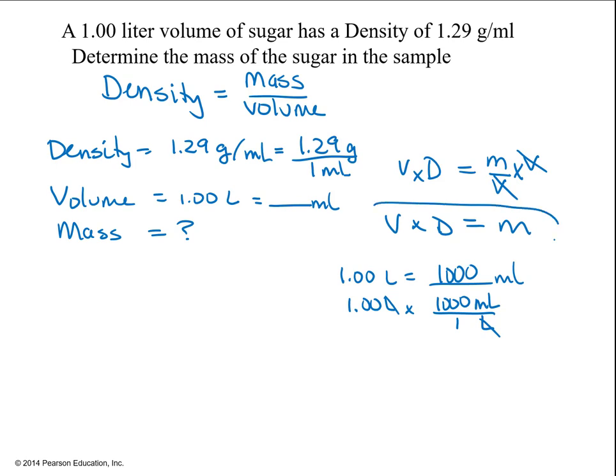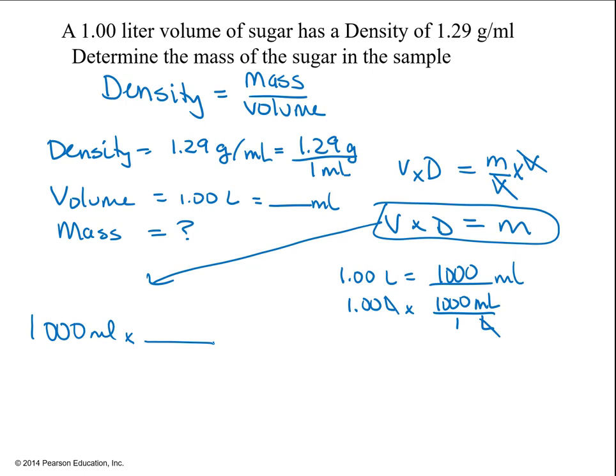So now I'm going to use this formula. So volume, 1,000 milliliters times density, which is 1.29 grams over 1 ml. So now see how ml and ml are on opposite sides, one above and one below. So those will cancel.